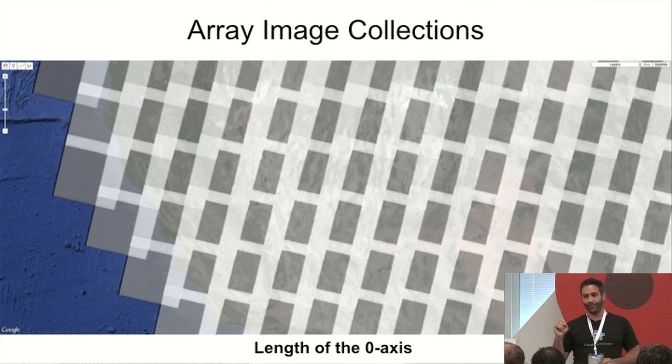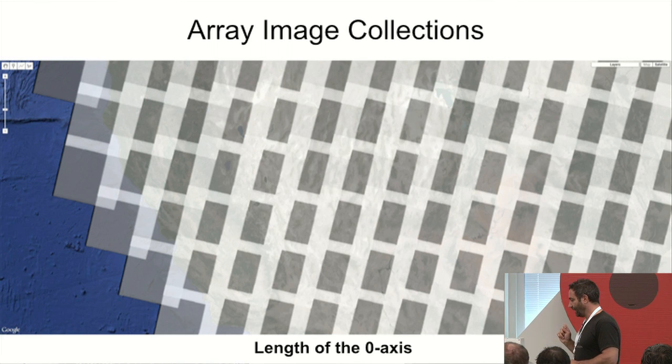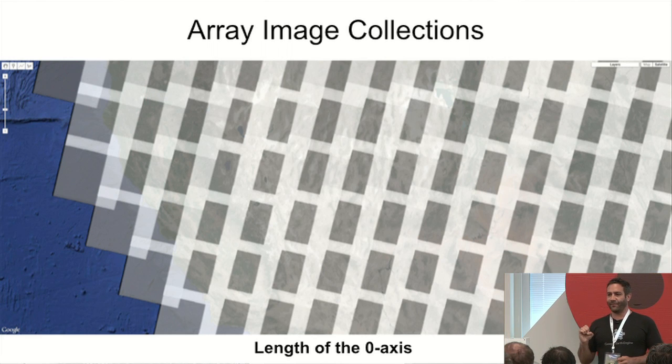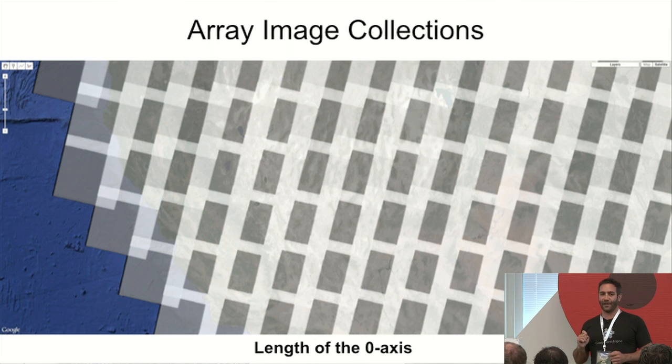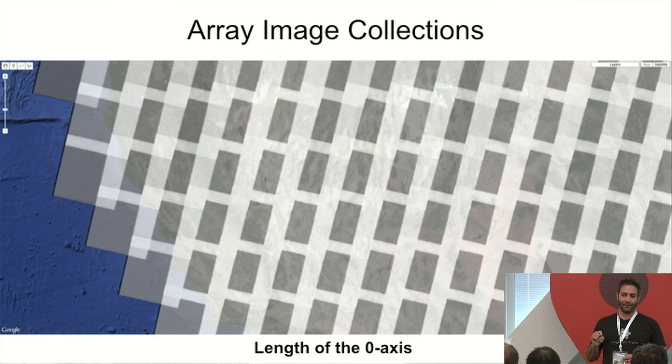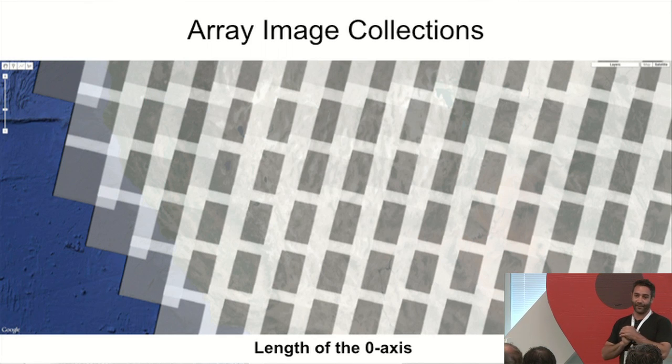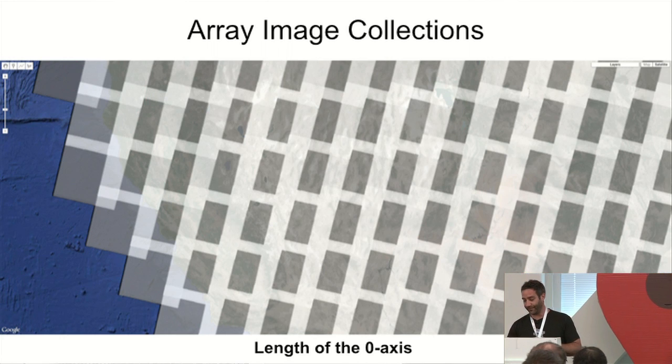So for example, if you have some images which have been cloud masked, some of the bands are gone, that pixel will become masked. If some of the bands are masked and others aren't, the pixel will be masked. If not, you will get a variable length of that axis, and you may need to account for that.